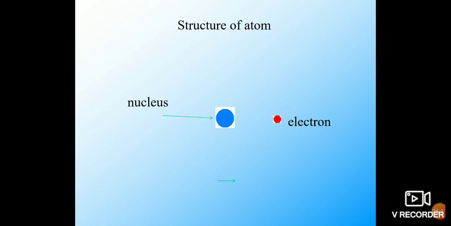Then how that electrons are moving around the nucleus. See here, this is in this way that electrons are revolving around the nucleus in any direction, not in a fixed direction. That is, any direction that electron can be moved.